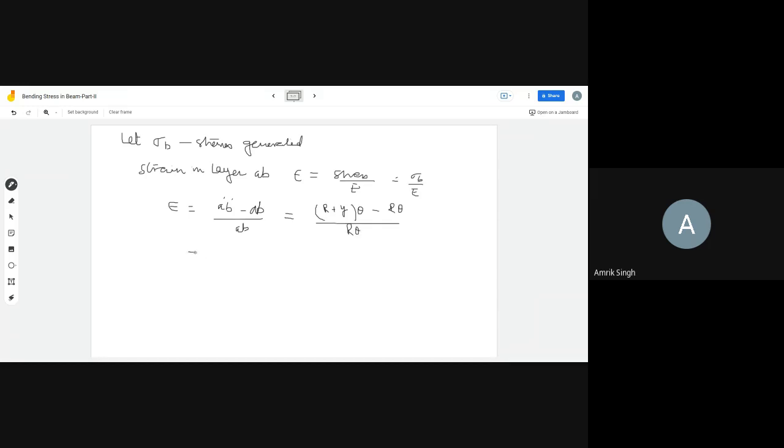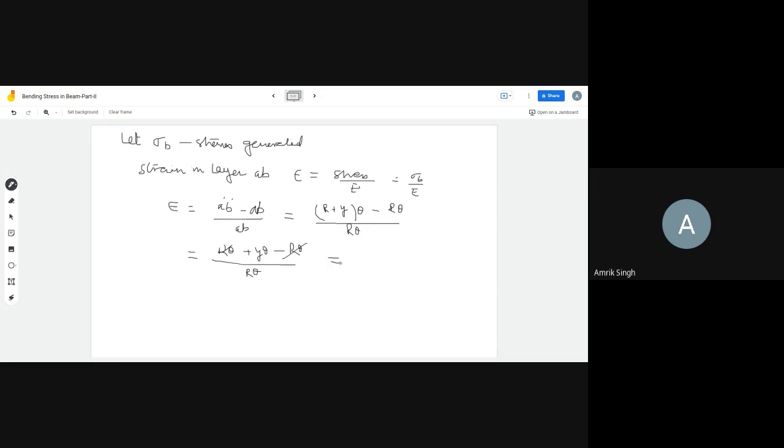So if you solve it, it will be R theta plus Y theta minus R theta, divided by R theta. So this will cancel.